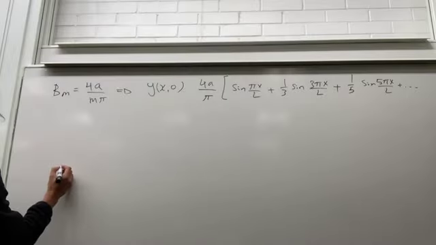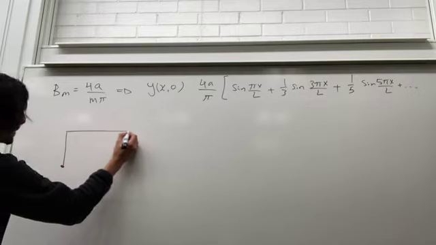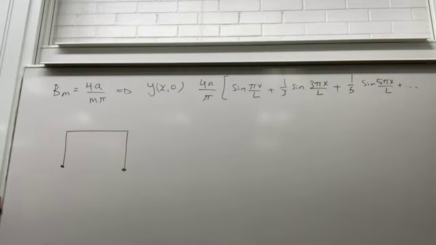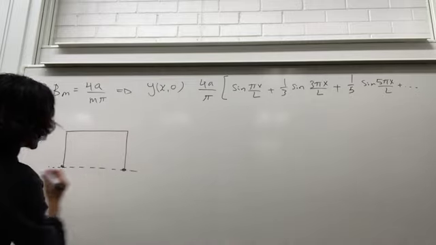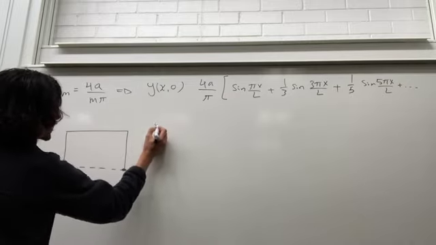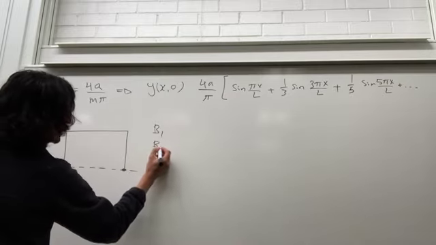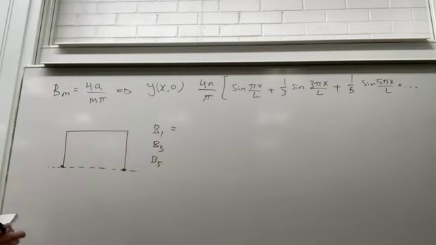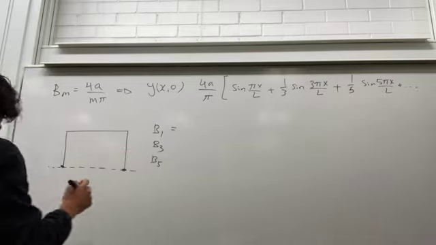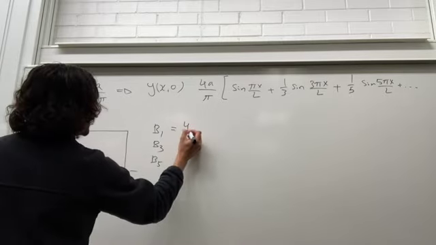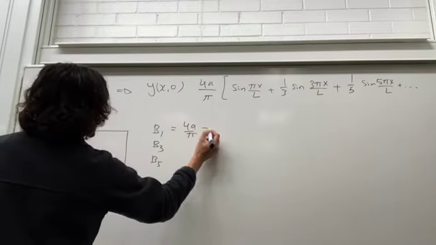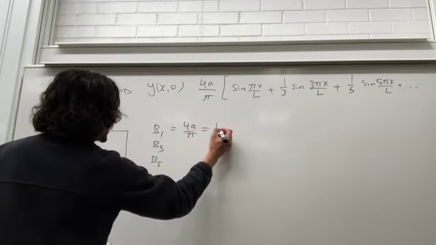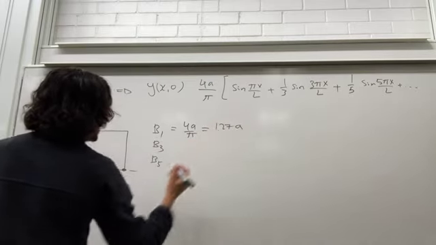So if we look at the string at time t equals 0, let's look at the values of B1 and B3 and B5. B1 would be 4a over pi, and that is about 1.27 times a.